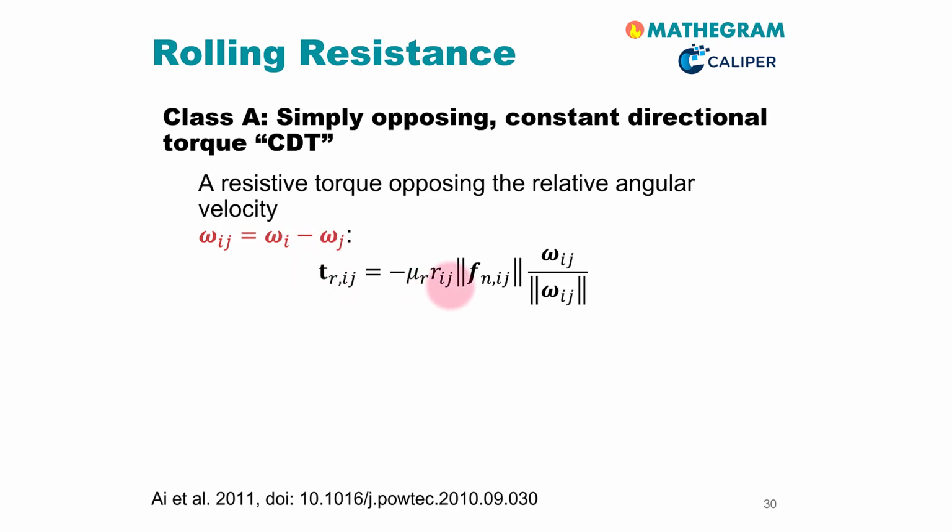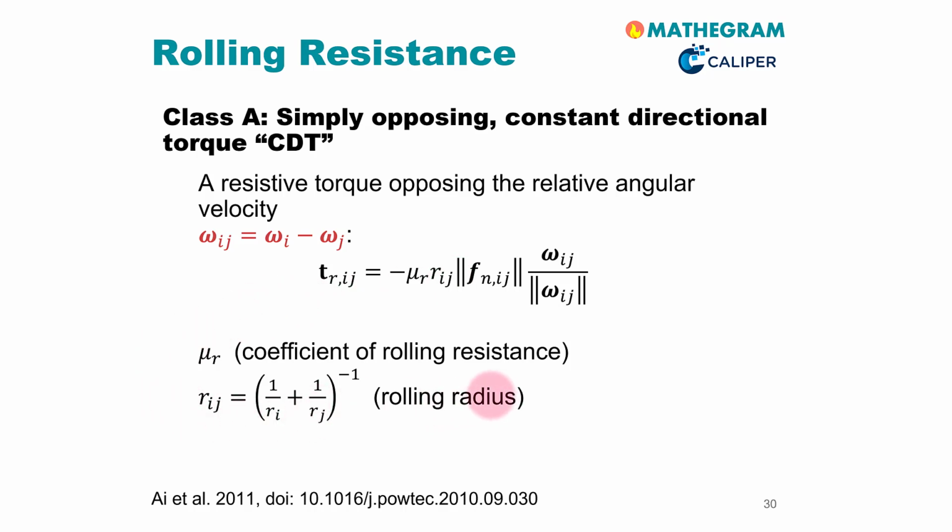And we apply the torque simply opposing this relative angular velocity. So you see here, this is the direction, the unit vector of the direction at which we impose this torque, and we always impose the same value. It's simply the normal force multiplied by the rolling resistance coefficient UR and the effective radius Rij.